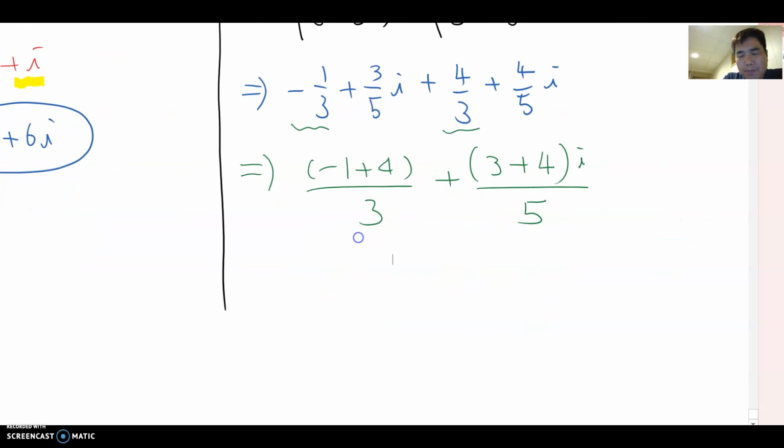So the answer becomes 3 over 3 plus 7i over 5. Simplify that: 1 plus 7i over 5.